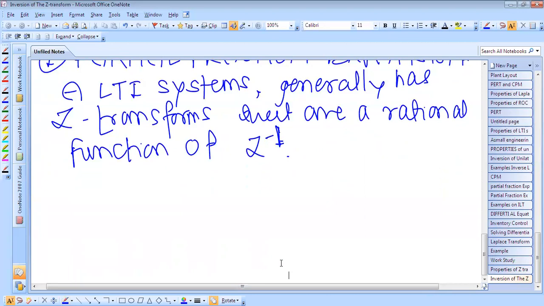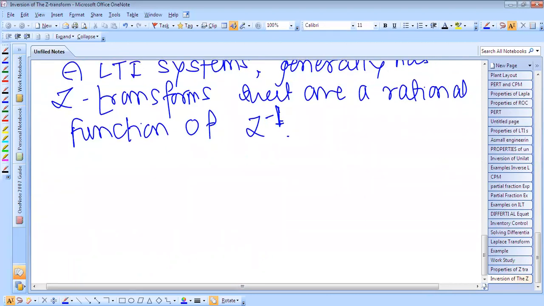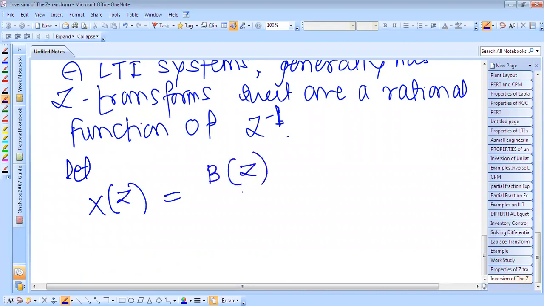So let us define this x of z as b of z over a of z.